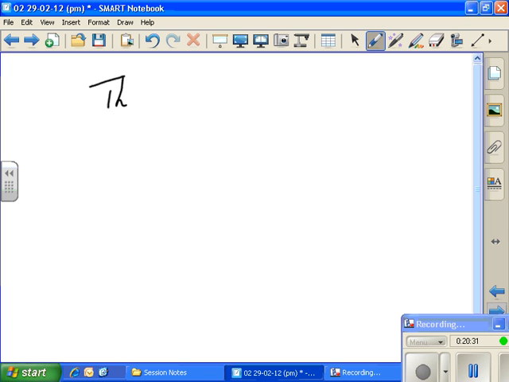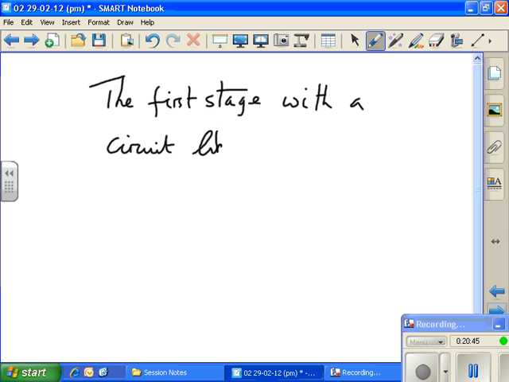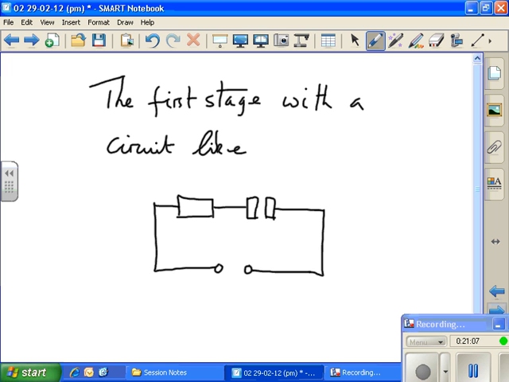for the first stage, with a circuit like, and I've got an example here that we'll look at. Let's say a resistor and a capacitor in series connected to some sort of DC input of 12 volts.